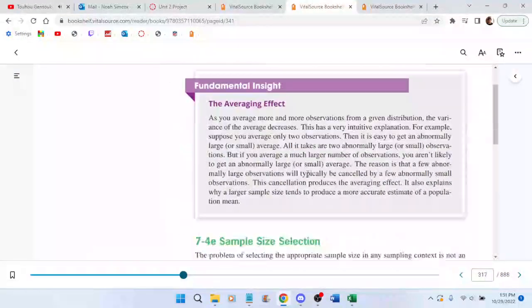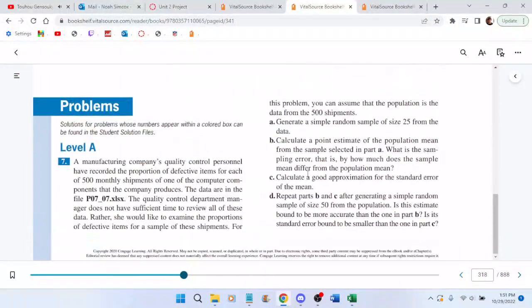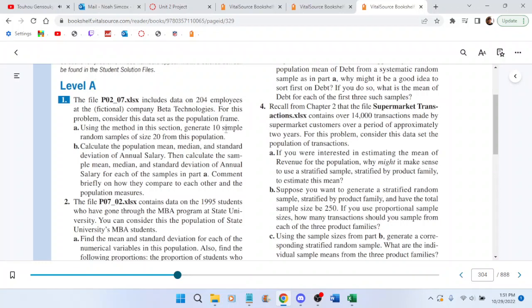No, I think it was 317. It says simple random sample of size 25. Analogous to this, generate 10 simple random samples of size 20. 10 different samples of 20. Really? Well, at least that's most of the work for the problem. I mean, not really, because I have to do the mean, median, and standard deviation for every single one.